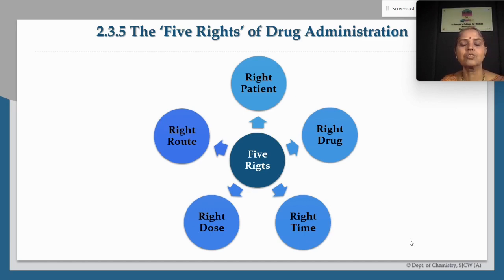If the drug is to be injected, only injection has to be taken. If the drug is to be taken in the form of drops, in the eye or ear, or inhaled, only in the right route it has to be introduced. So effectiveness of the drug will depend on the rightness of the patient, how deserving the patient is for the particular drug, right time, right dose, and the right route.